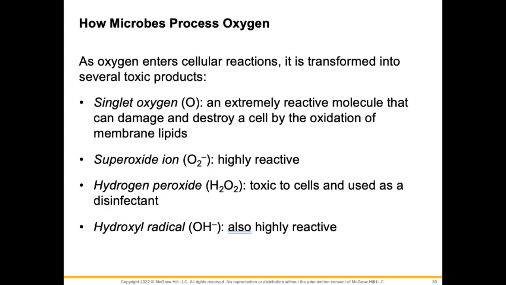Hydrogen peroxide is toxic to cells and used as a disinfectant. And then hydroxyl radical is also highly reactive. So these are examples of the toxic byproducts that I was mentioning earlier. I think this might be a test question as far as identifying which of them are toxic byproducts.